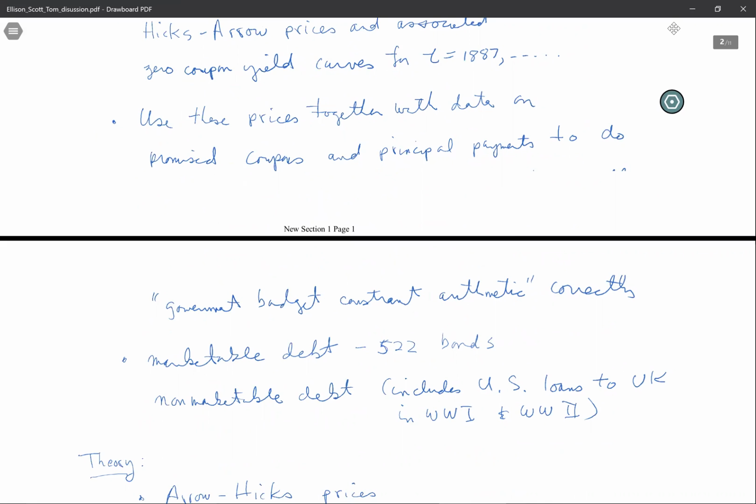They have both marketable debt, which are these gilts, there's 522 of them, and they have non-marketable debt. And they say interesting things about both of these. The non-marketable debt includes debt from the UK government to the US government incurred during the two world wars.